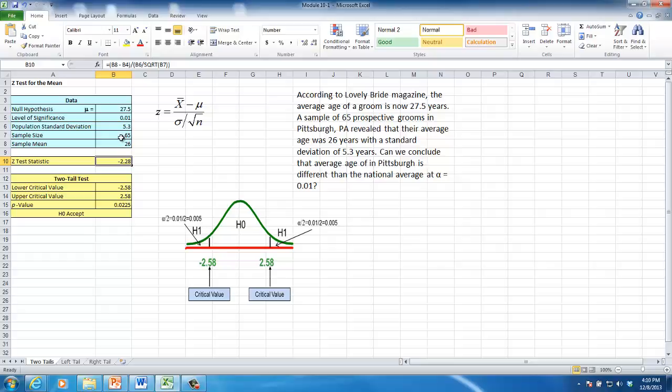I'm sorry, B7. Once you do this calculation, you find here minus 2.28. So the formula is already written. Whenever you enter the numbers, you can find this result.